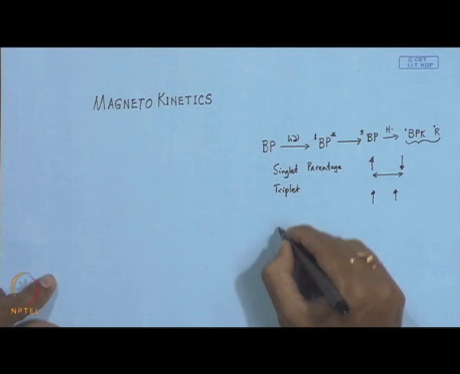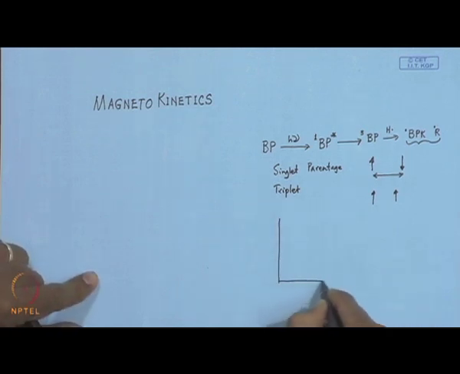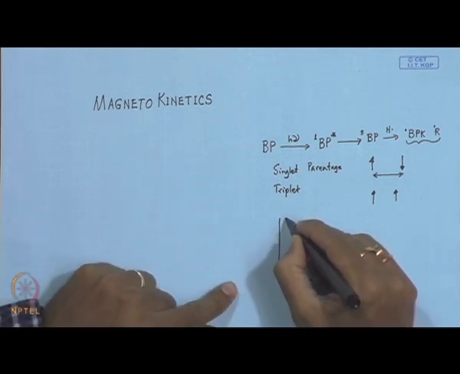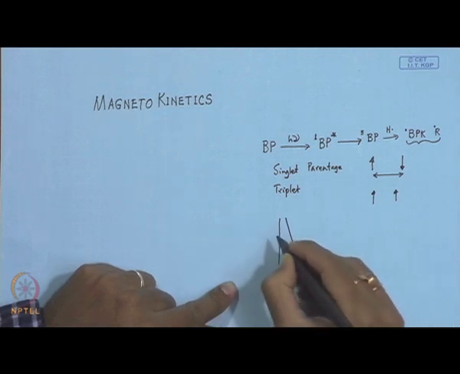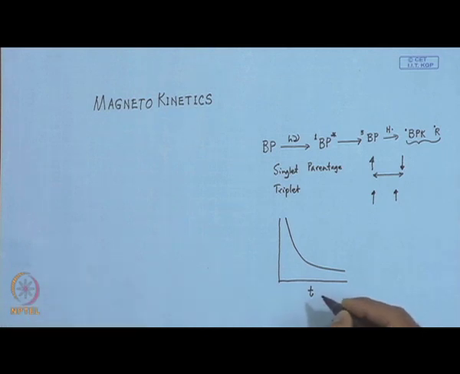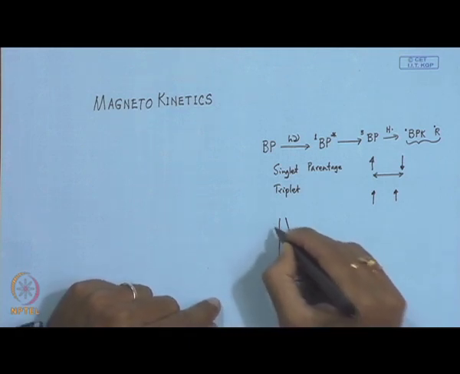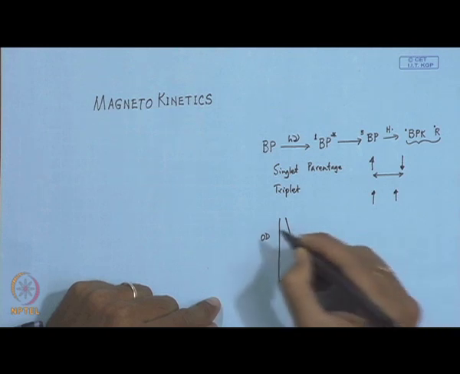In my last lecture I was giving you the idea about the signal, say this is the decay profile as a function of time. Of course this time scale is of the order of several nanoseconds, maybe even 2 microseconds, and this is your OD or delta OD.